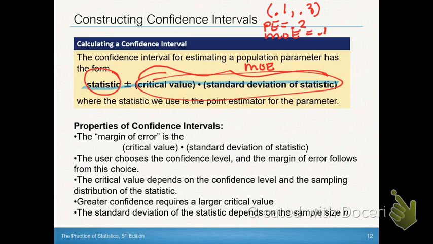A few other things to note. There are some trade-offs. So your margin of error depends on the standard deviation of the statistic, and it depends on the critical value, and the critical value depends on the level of your confidence. So there's a couple things you'll see. If you want to increase your confidence level, or in other words, you want your interval to capture the true value more often, then that means you're going to have to increase your margin of error.